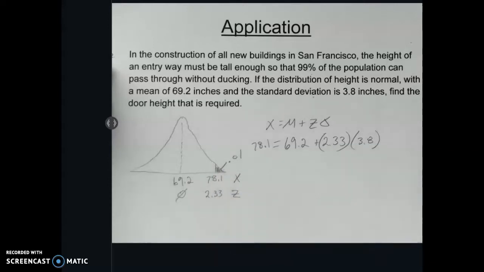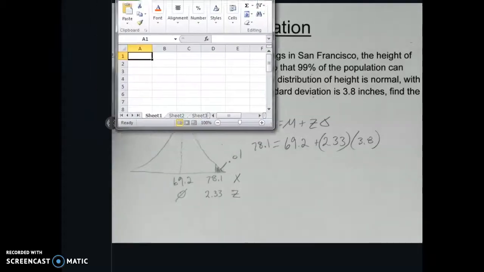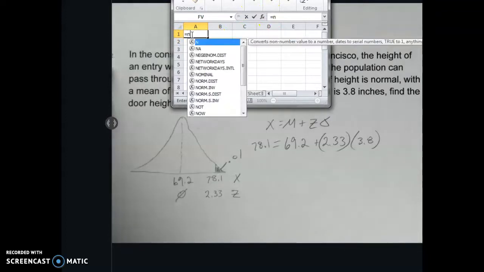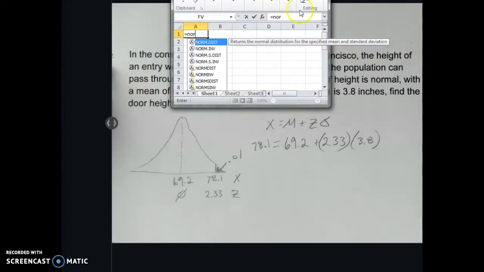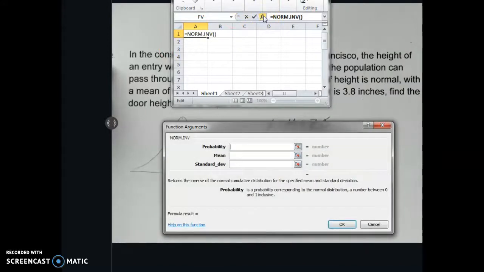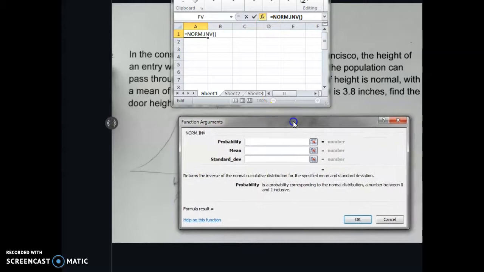Now, you can use Excel just like we did in the previous example. We would use the formula NORM.INV, and we would select and put in our data.